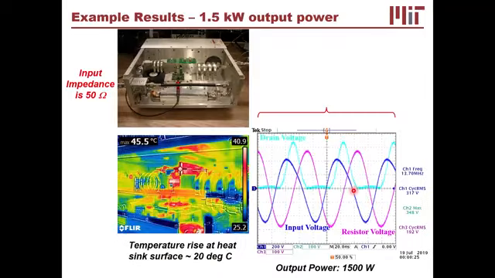The result of that, as I said, we had 100 and something watts of heat dissipation in the worst case. But if you look at the temperature rises, the heat sink surface only goes up 20 C. Why? Because we got crazy heat flow.